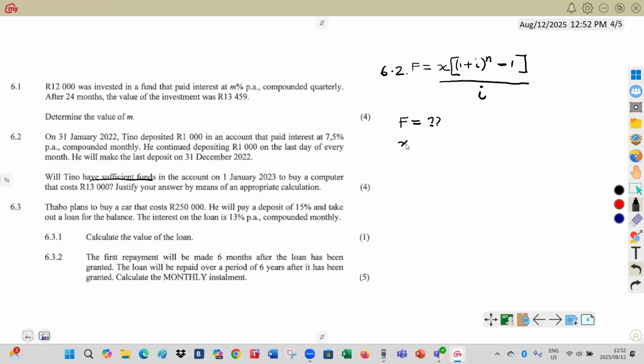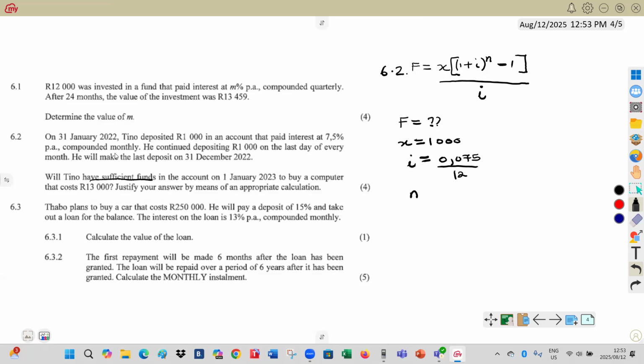Then our X: you are told that the person will deposit 1,000 and will continue depositing 1,000 at the end of each month. Then i: you are told that the rate is 7.5%. If we convert that, it's 7.5 divided by 100, which becomes 0.075. But it's compounded monthly, so it needs to be divided by 12. Then your n: you have to check how many months there are.